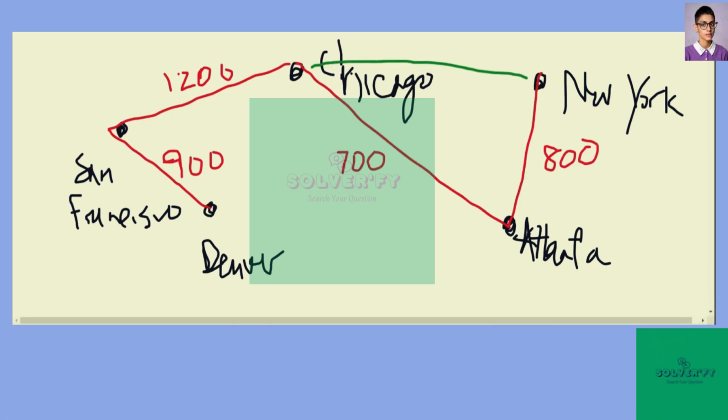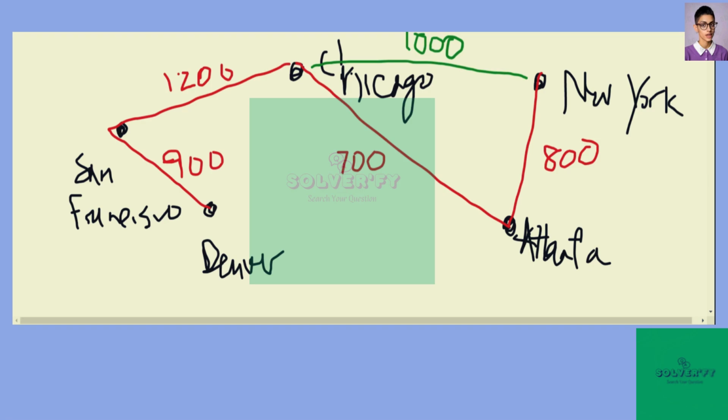So, consider if we were to add the edge from Chicago to New York. This edge is $1,000. However, we can't add this edge without deleting either the edge from Chicago to Atlanta or from Atlanta to New York.